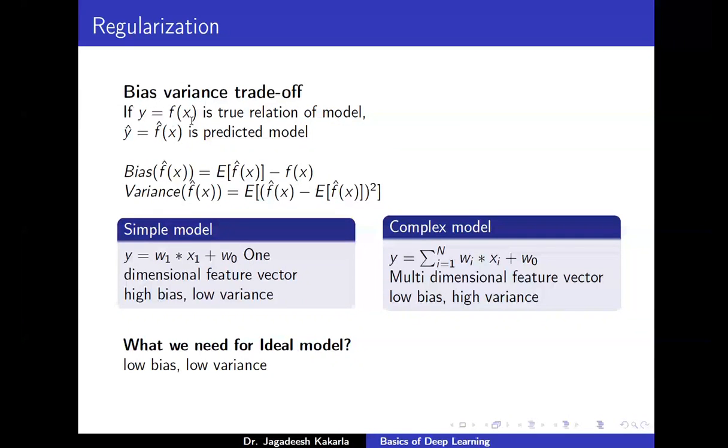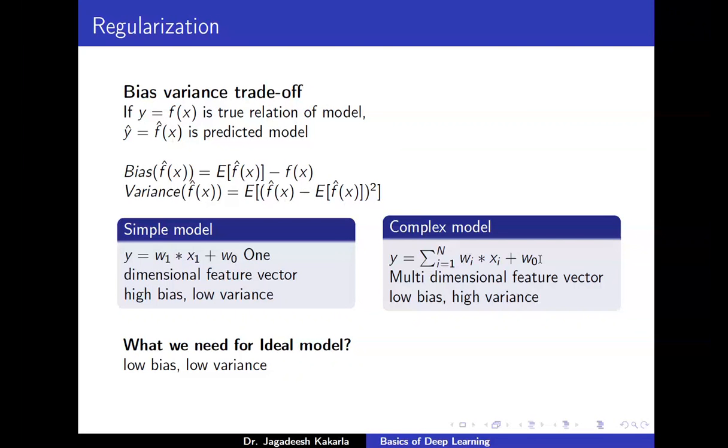Now suppose we take a simple model, y is equal to mx plus c. It has a one dimensional feature vector, whereas the complex models will have so many weights, summation of i equal to 1 to n of wi into xi plus w naught, where w naught is the bias. Now multi-dimensional feature vector.